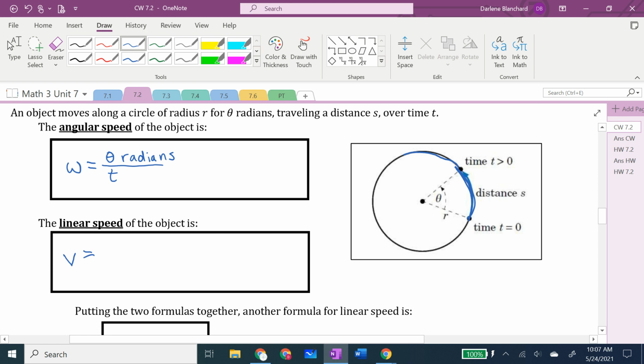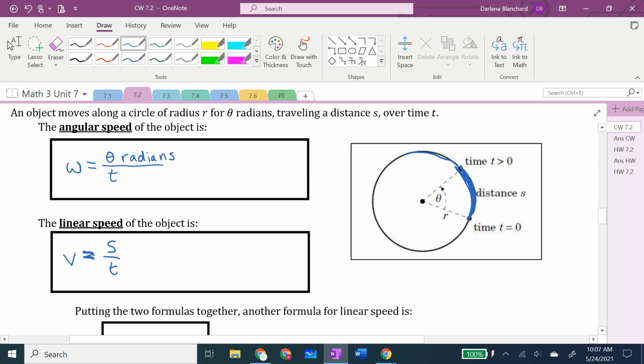And it's equal to arc length. And arc length is used by the letter S, which is really awkward. So we're going to replace this formula. But it is looking at the distance that you travel as an arc length divided by time.